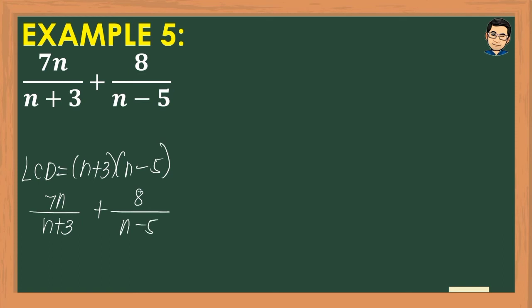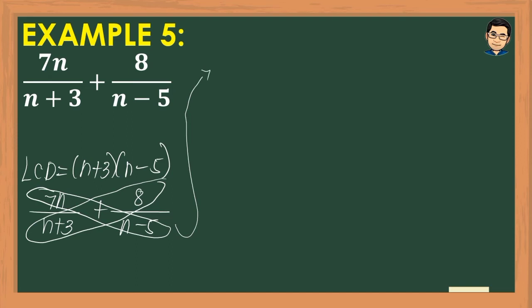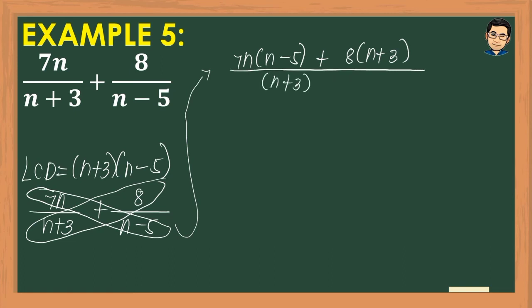So, yung butterfly method, 7n times n minus 5, tapos 8 times n plus 3. So, ganun lang po ang butterfly method. I-rewrite po natin yan. 7n times n minus 5 plus 8 times n plus 3 all over yung LCD n plus 3 times n minus 5.